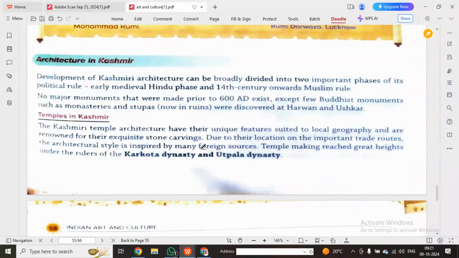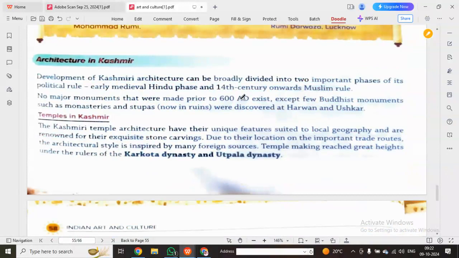Why is it Turkish influence? Okay, let us just forget that, coming to the architecture of Kashmir. Development of Kashmiri architecture can be broadly divided into two important phases. So which two phases?